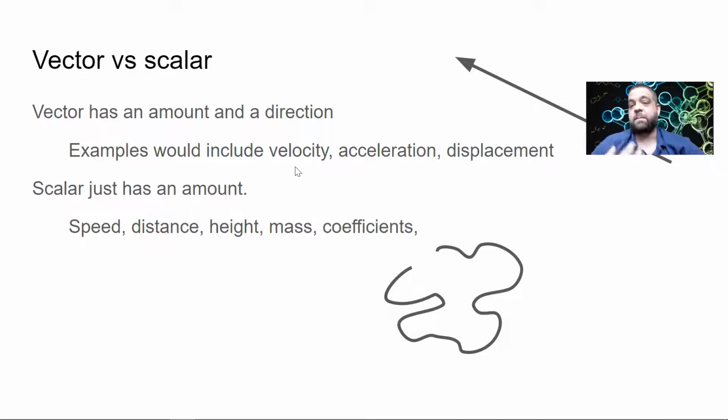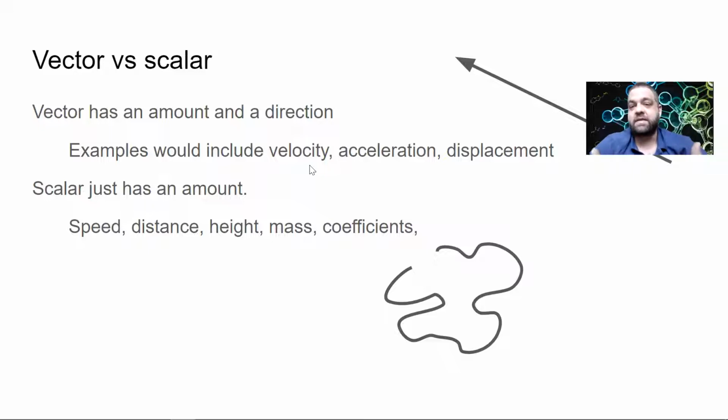A vector has an amount and a direction. So a velocity wouldn't just be 60 miles an hour. It'd be 60 miles an hour north, 60 miles an hour forward or backwards. It can be any sort of direction, so long as it has a direction. And often these are assumed in the problem or they'll be given to you, but you have to be aware of this.